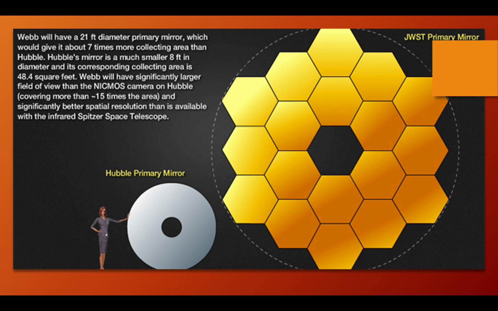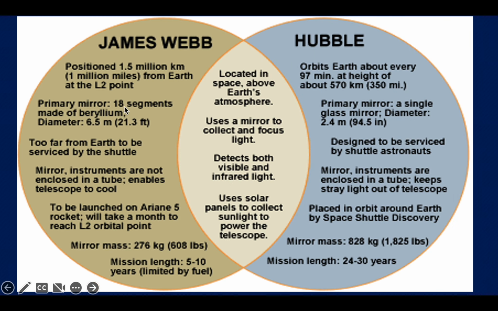Therefore, what happens is this was made in the form of hexagonal pieces, right? So you have these 18 hexagonal pieces which are put together, and together they make up the telescope, right? Now, how do they make these pieces? So if you see, Hubble's telescope is only at a height of about 570 kilometers, right? While James Webb is 1.5 million kilometers.